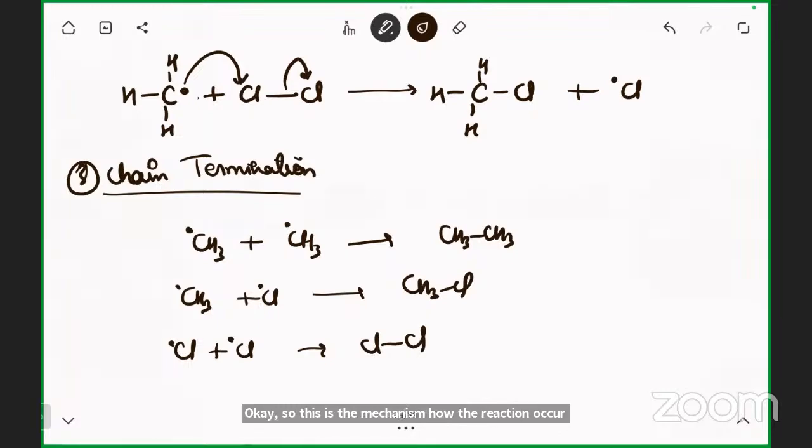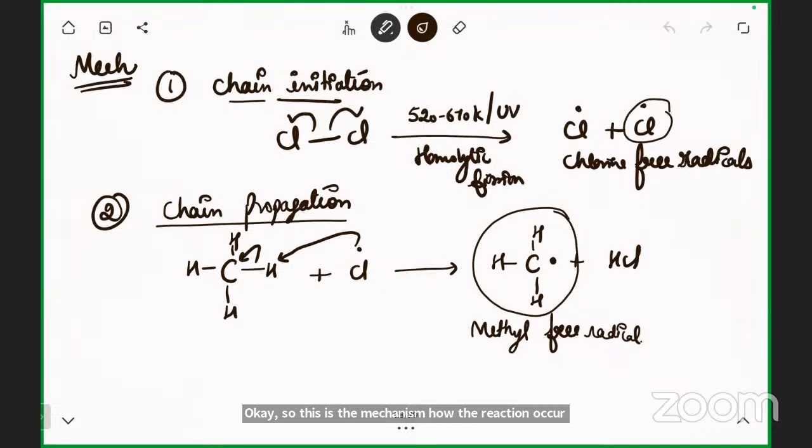So you can see the steps, the first one is the chain initiation. For the initiation, we have temperature or the UV light, which dissociates the Cl2 molecule and forms chlorine free radical. Now chlorine free radical attacks the methane, then it gives out the methyl free radical along with HCl.